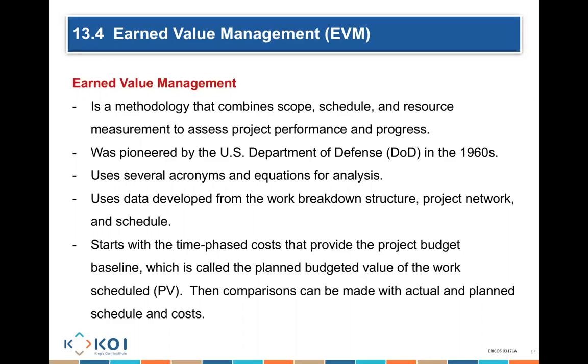So we look at the planned value. We try to compare what was planned to be completed against what was actually completed. So we call it earned value. So what we've earned compared to what we were planned to earn. Now, to make the comparison, we make one comparison based on schedule and one comparison based on cost, which I'll show you very shortly.